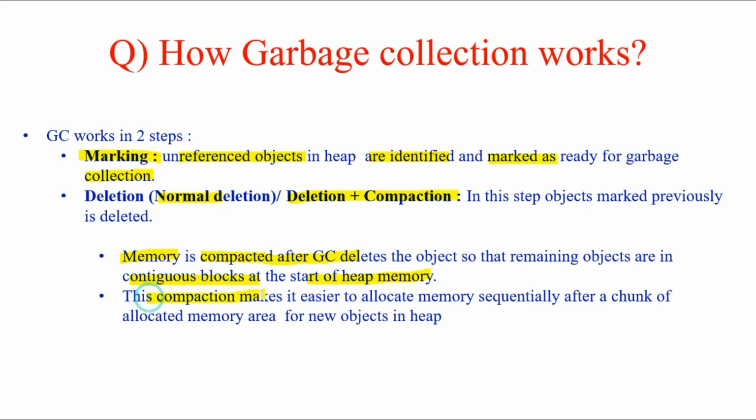This compaction makes it easier to allocate memory sequentially, so new objects are allocated just after the space already used by the older objects. If this is clear, let me quickly move to the next question.